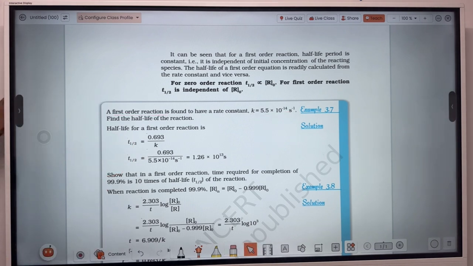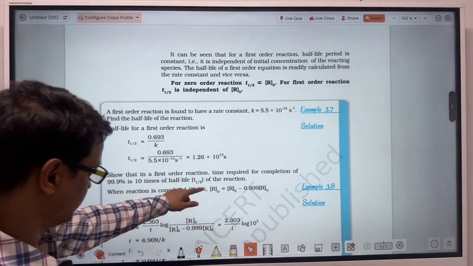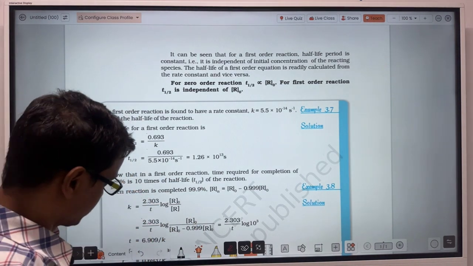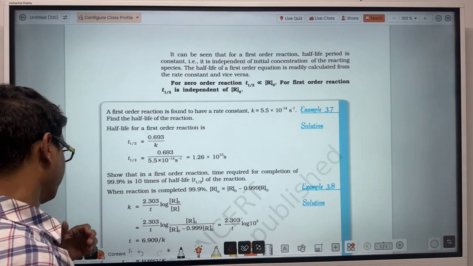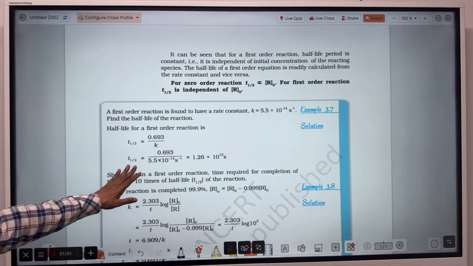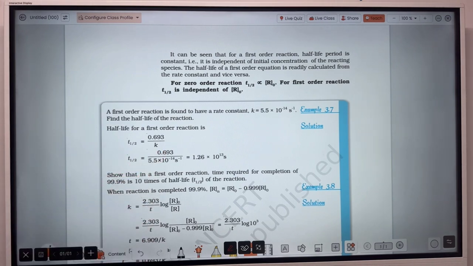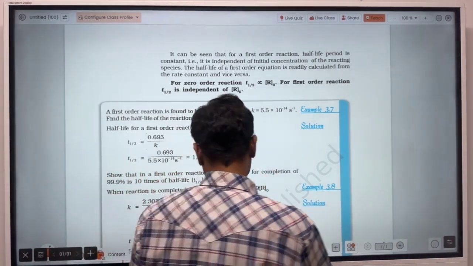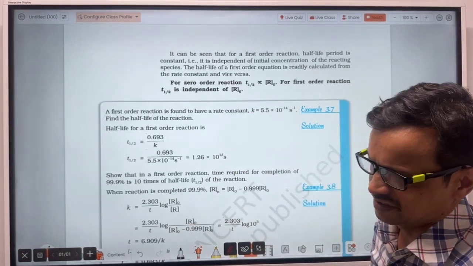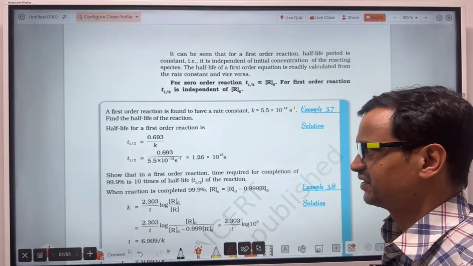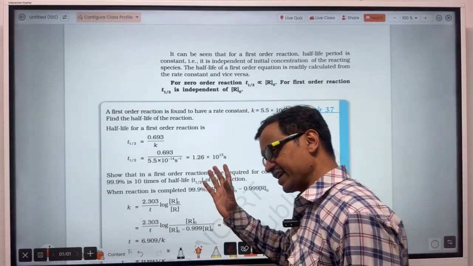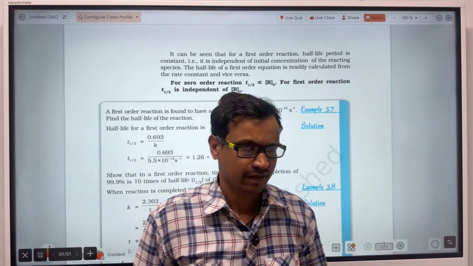Now, this question is frequently asked in the 12th board examination. In IIT main, the question is not asked directly from here, but questions related to this. If you have the concepts of how to solve this question, then you can solve the questions asked in IIT main on this topic very comfortably.